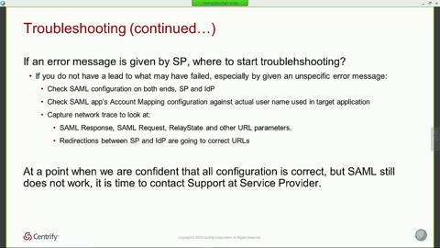But after all these, if we still cannot figure out what is going wrong, there are some other things that we could ask on the customer side or even the service provider side, such as whether they have anything on their end, a log file for example, or even better, tools that could tell us that they are actually receiving our SAML response. And if they receive it, can they take a look at it?